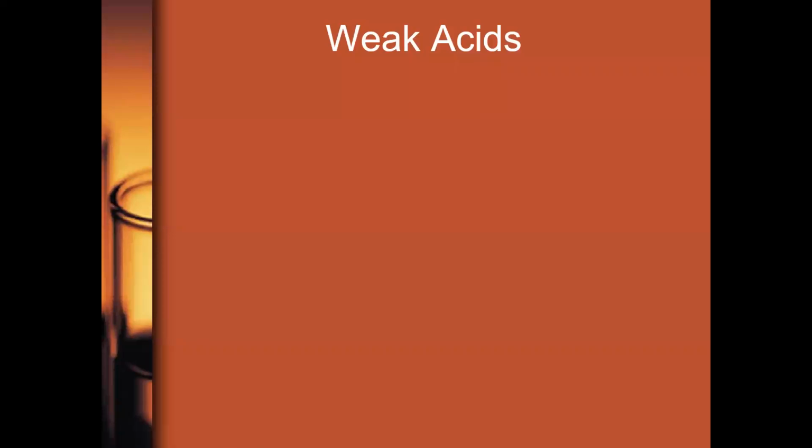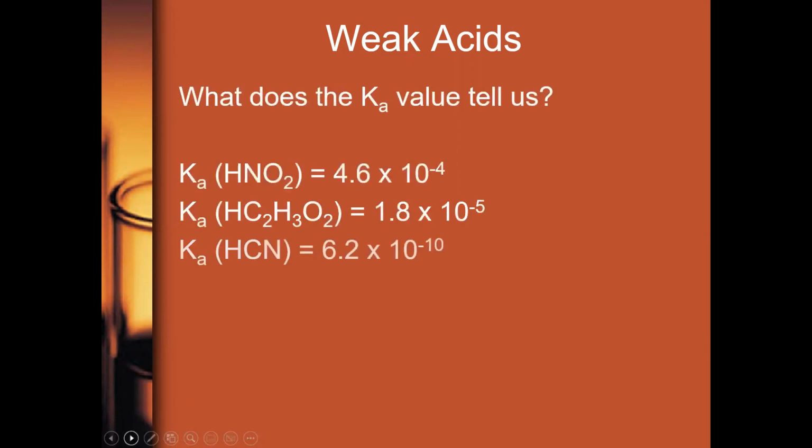So looking at what the Ka actually tells us. Very similar to all of our other K values, like Ksp, Ka is going to tell us the relative strength of the acid or the amount of ionization. And just like our other K values, we're looking to see what is closest to 1.